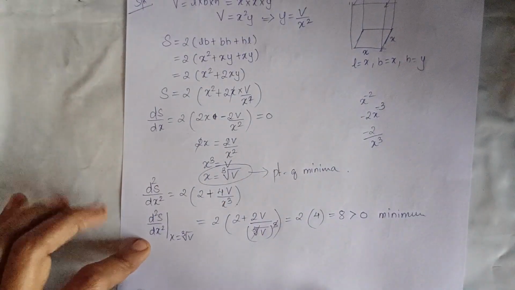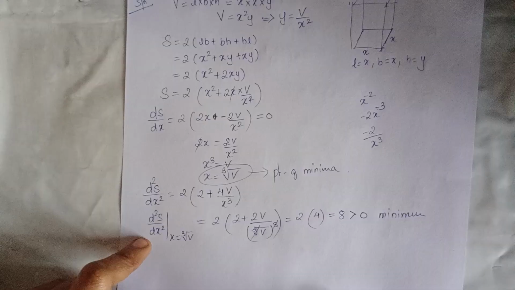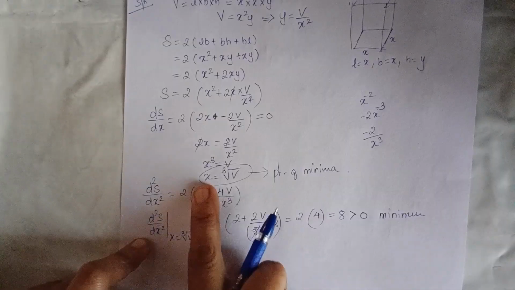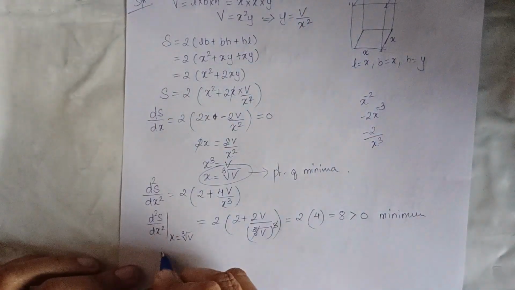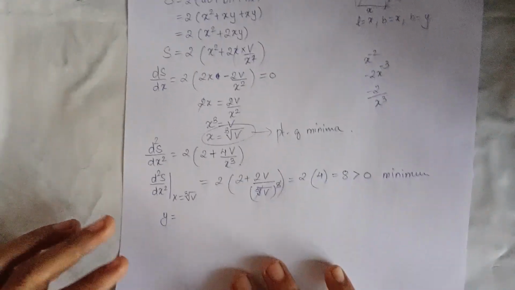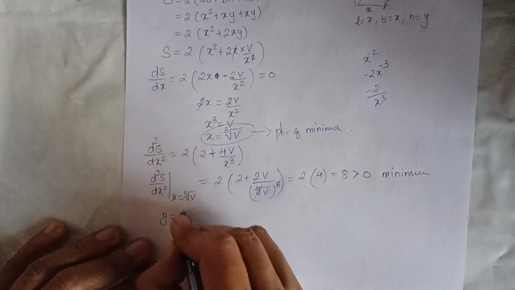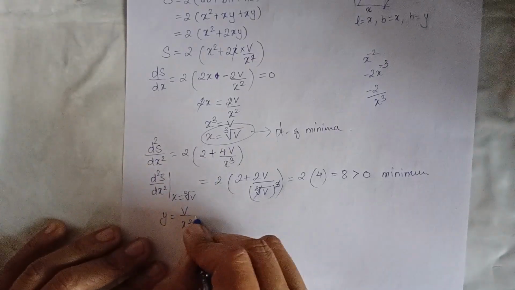Okay, so we have reached here. Now you have to find y. X we got, right? Y is v upon x square.